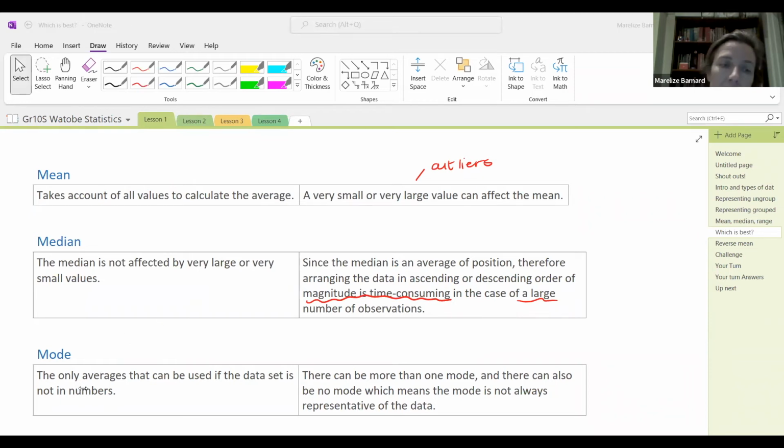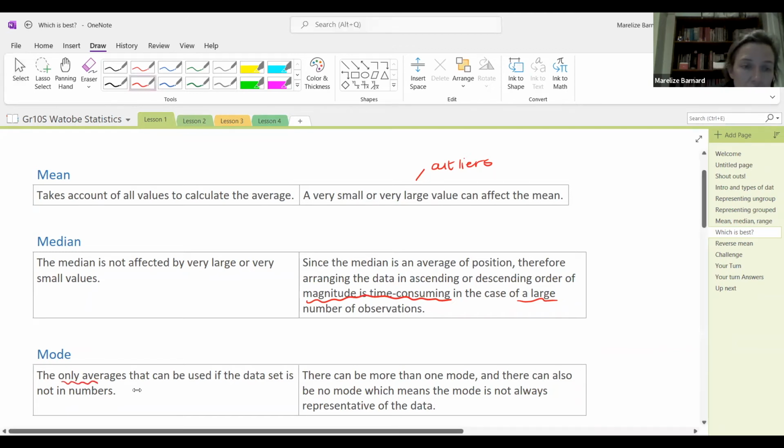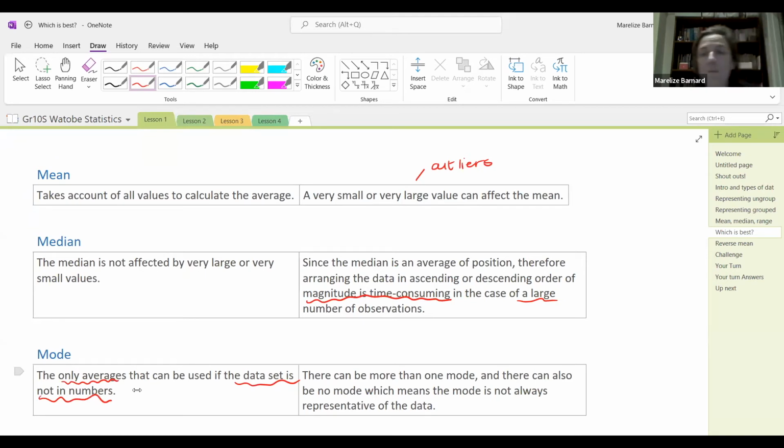Now the mode is the only average or measure of tendency that can be used if the data set is not in numbers, meaning it's qualitative.